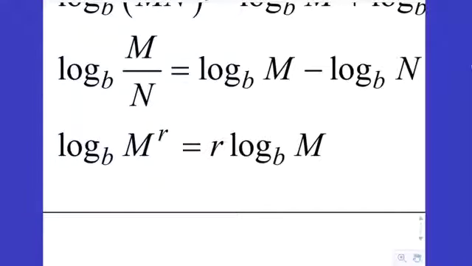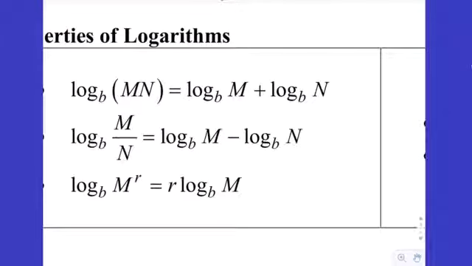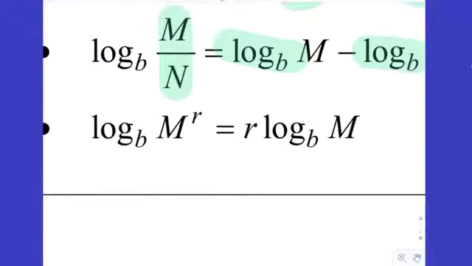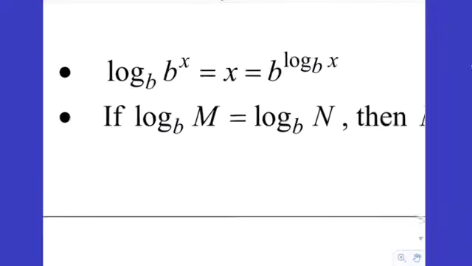So they bring everything down one rung on the operational ladder. So for us, that just means if I have the log of a product, I'm going to add the logs together. The log of a difference, or of a quotient, is the difference of the logs. And the log of exponentiation becomes multiplication. It linearizes, essentially, exponents.